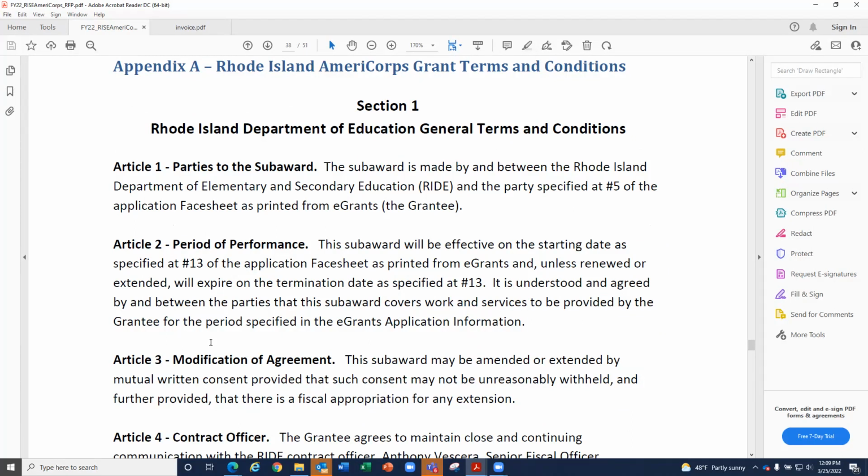This is contractual language about the relationship you'll have with the Rhode Island Department of Education as a subgrantee in this Americorps program. And I encourage you to read some of the initial content.